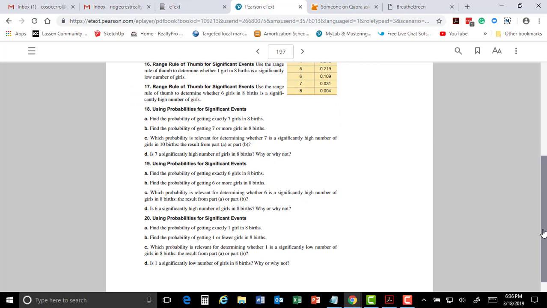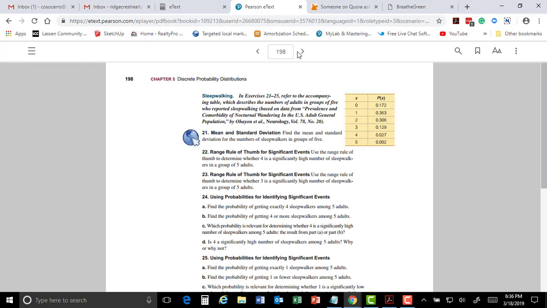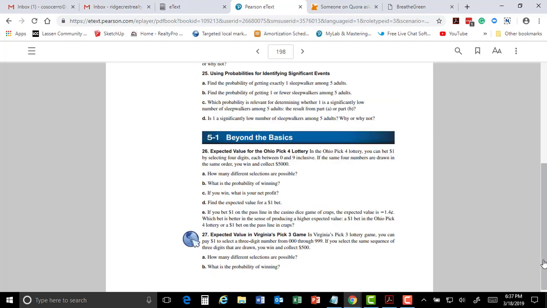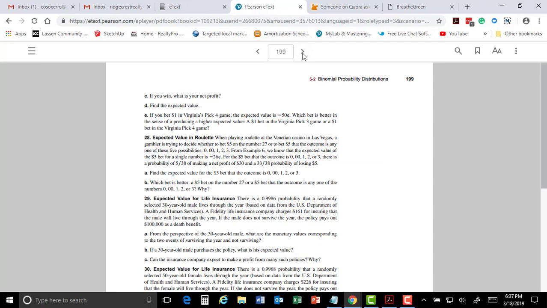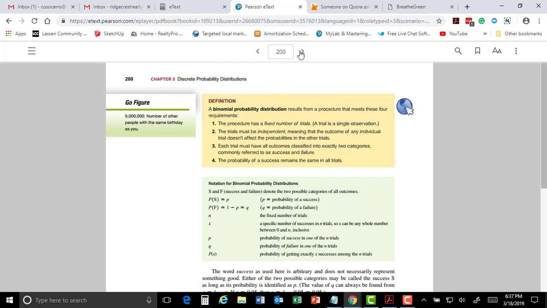We're trying to solve this one problem. I forget the rule, the range rule. Use the range rule of thumb to determine whether 4 is a significantly high number of sleepwalkers. But I didn't see the range rule. Oh, that's what's coming up. It's been so long. Okay, that's the expected value. These are questions, right? Oh, maybe binomial distribution. Maybe I ought to look at the book.